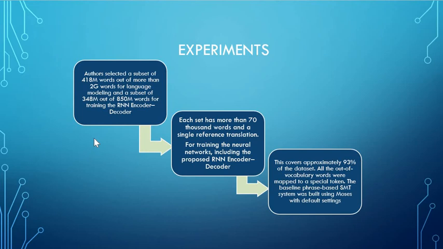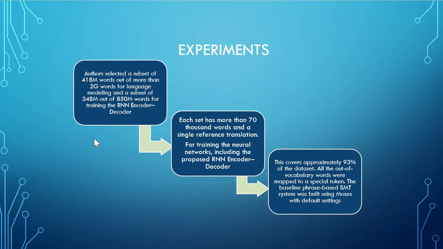With the RNN encoder-decoder, there was a memory capacity and it helped in searching about these 70,000 words and a single reference translation. For training the neural networks, including the proposed RNN encoder-decoder, it approximately covers 93% of the dataset.